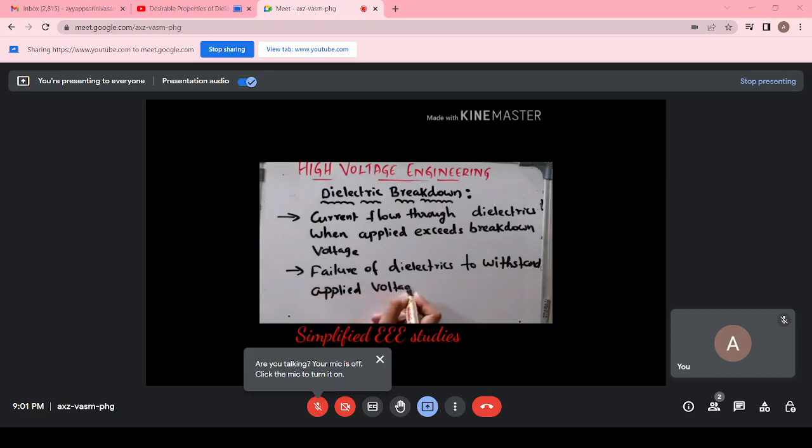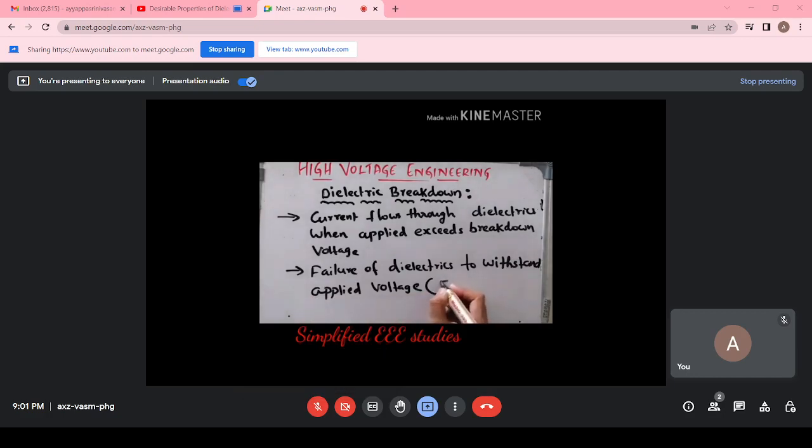I can mention this applied voltage in terms of electric stress. Basically, the dielectric material should have a very good insulator property. Whenever you apply high voltage, if the insulation property of the dielectric gets spoiled, that phenomenon is generally known as dielectric breakdown.